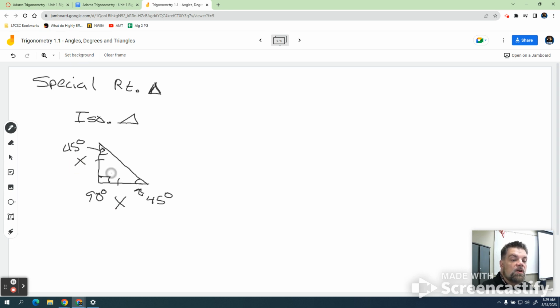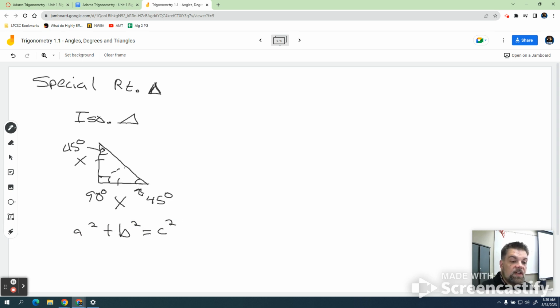So remember, what do we call this one that's across from the 90 degree? Hypotenuse. So if I were to fill out A squared plus B squared equals C squared, we're really solving for C, right?